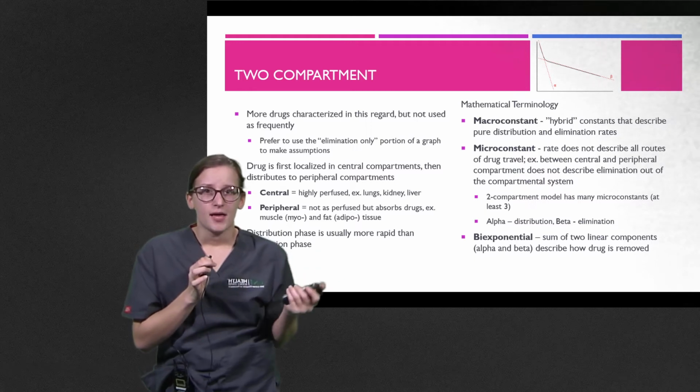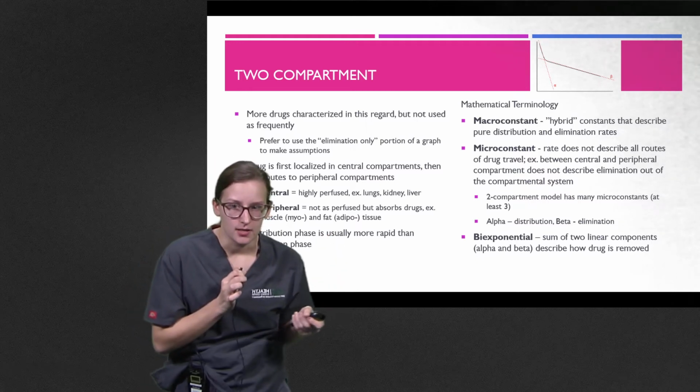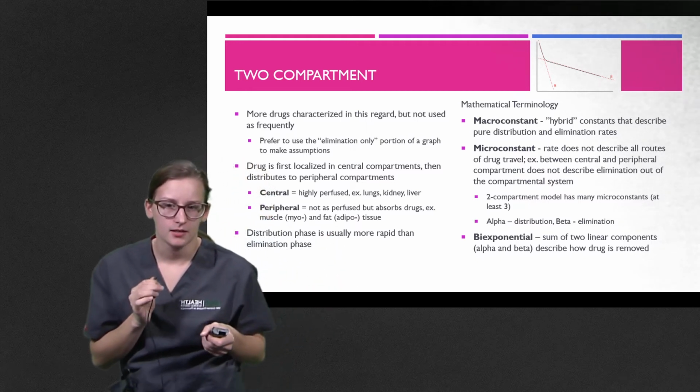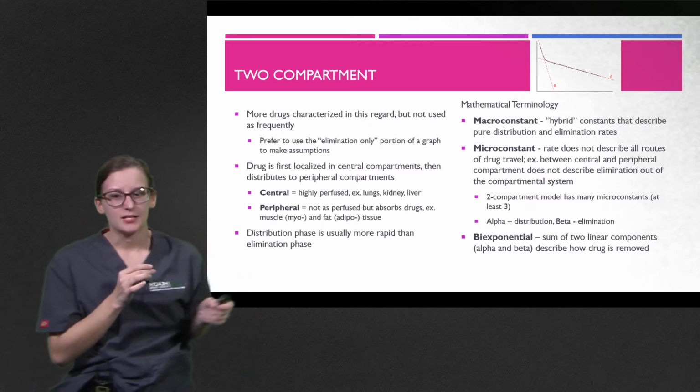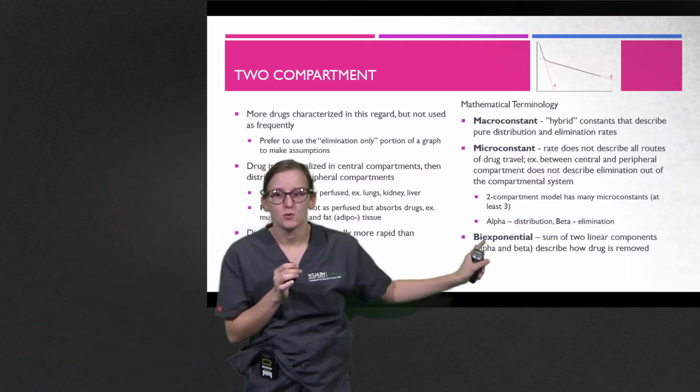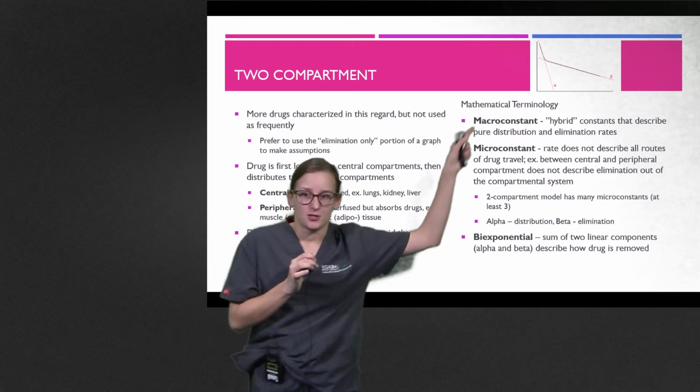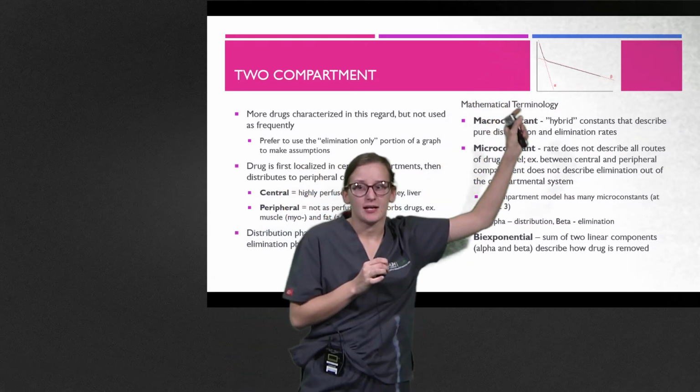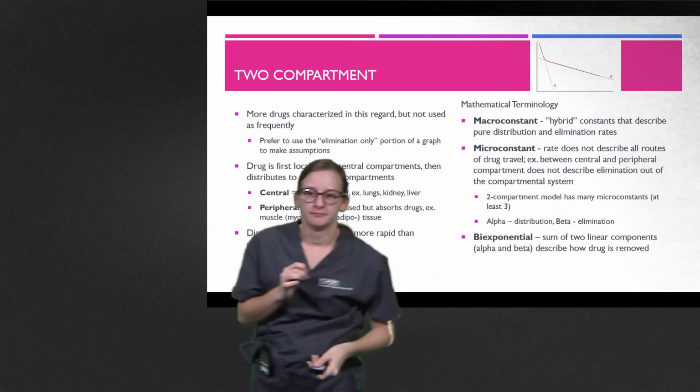And if you combine those together, those should make the macro constants. And just know that two compartment is bi-exponential, meaning it has two different linear components in there. So we have alpha here, which is this red line, and then beta.